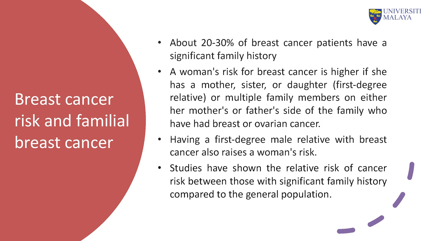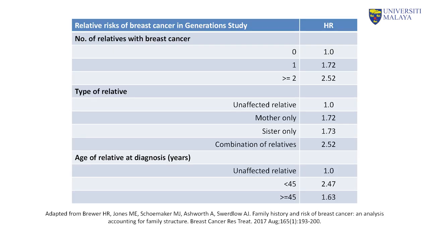Studies have shown the relative risk of cancer between those with significant family history compared to the general population. The Generations study shows that the number of relatives, as well as the type of relatives, that means the combination of relatives, and the young age of the relative at diagnosis makes the patient at a higher risk of breast cancer.